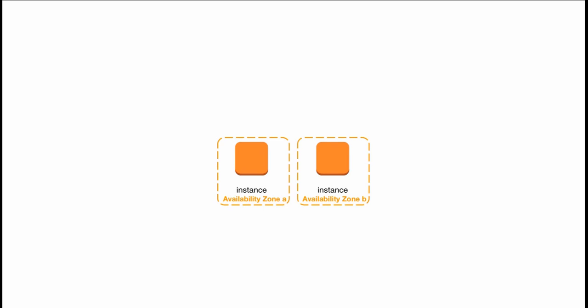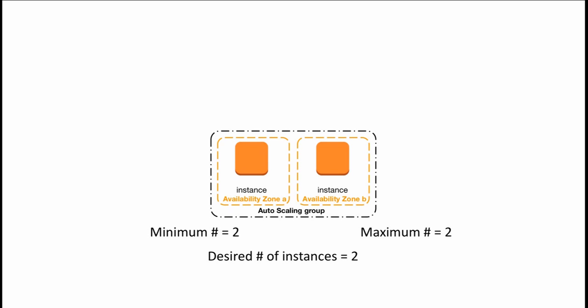Now, once you have this set up in place, you can already ask autoscaling to help you take care of these instances, right? You can put those two instances in an autoscaling group. All you need to tell it is how many instances you want as a minimum. As a minimum you want to have two because you want reliability even if one of them fails. You can also give it the desired number of instances, also two in this case for the same reason.